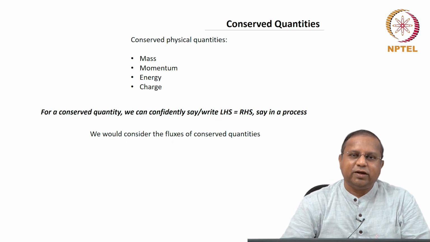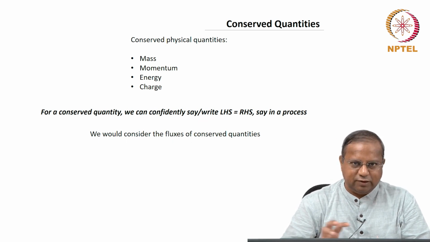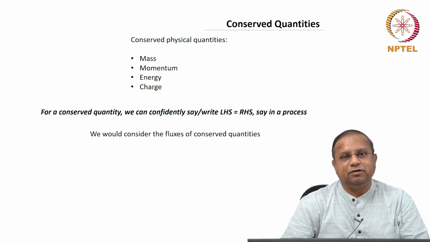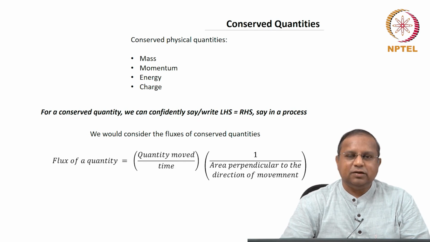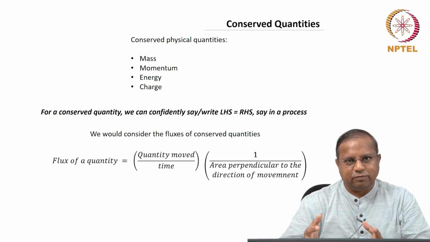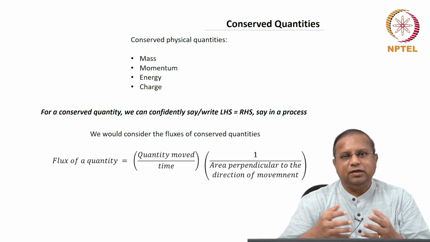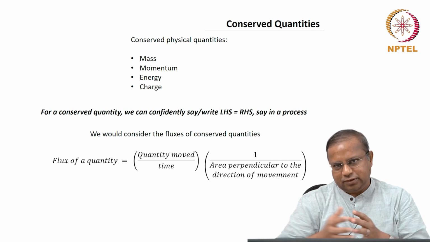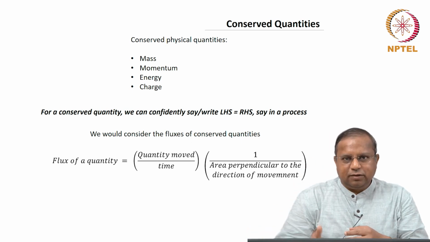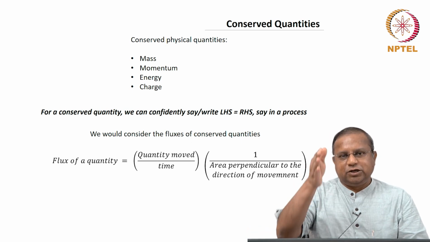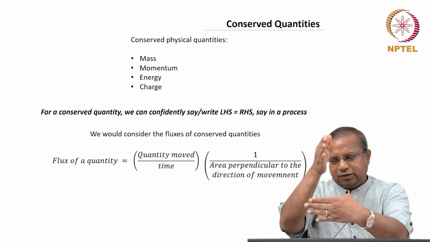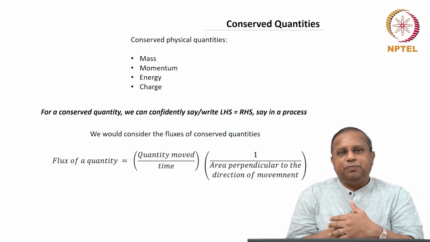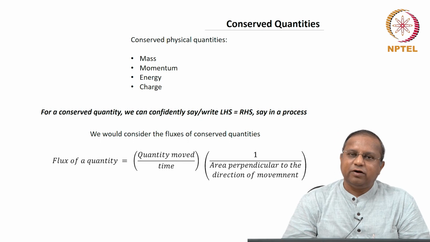We said we would look at the fluxes of these conserved quantities. That would be our major focus in this course. And we also defined the flux of a quantity. The flux of mass, for example, equals the mass per unit time that moves from one place to another, per unit area in the direction perpendicular to the direction of transfer.